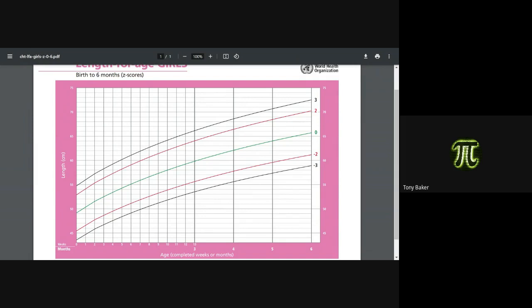That's 99.7% of all the babies should fall between those 2 black lines. If you're outside of it, if you're low, that's a major problem because you're really low birth weight. And if you're high, that can cause other issues down the line.